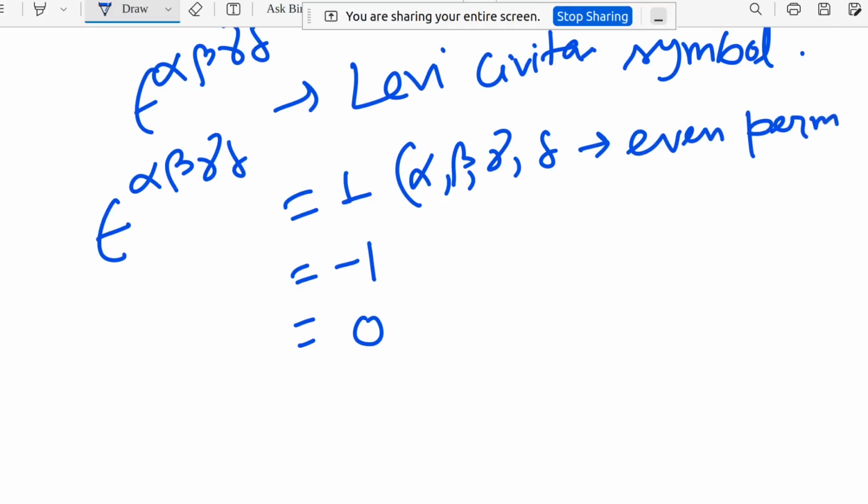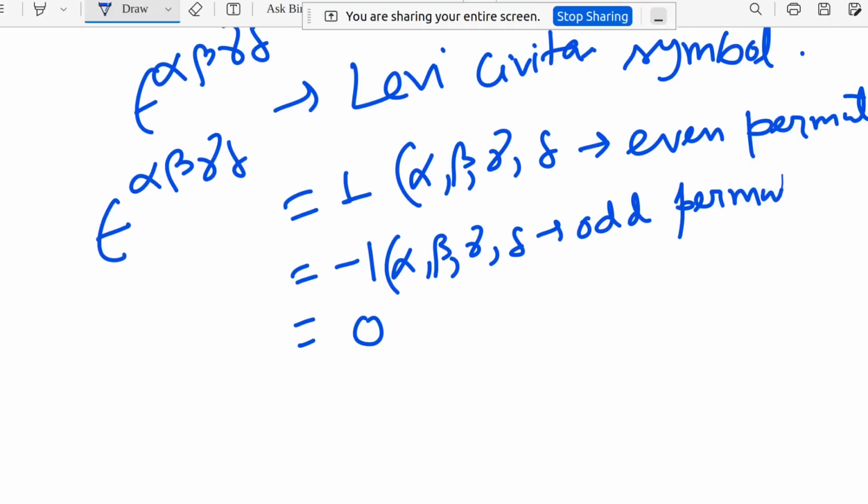I will tell you what an even permutation is. Let me write here first. And -1 will be in which condition? When alpha beta gamma delta is an odd permutation. And when will it be 0? Otherwise. Otherwise means in all other situations it will be 0.